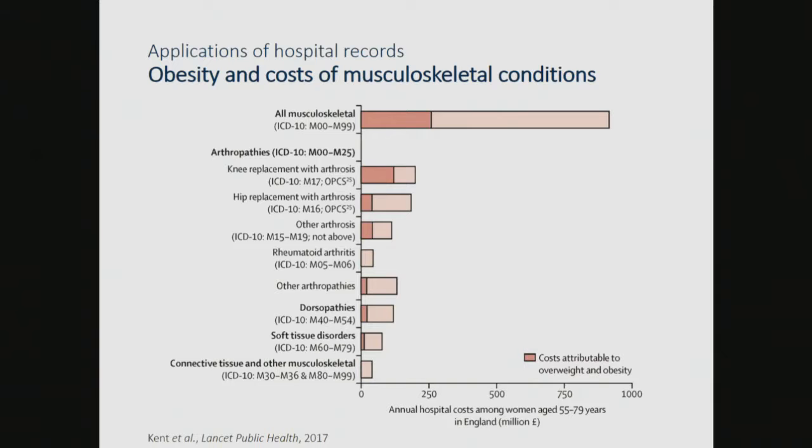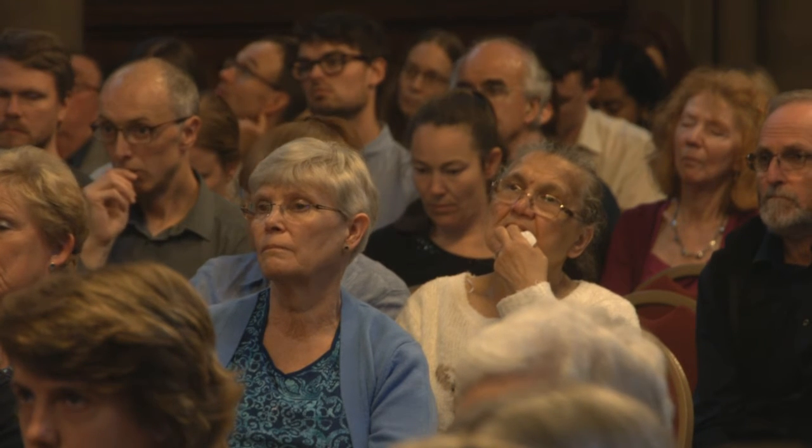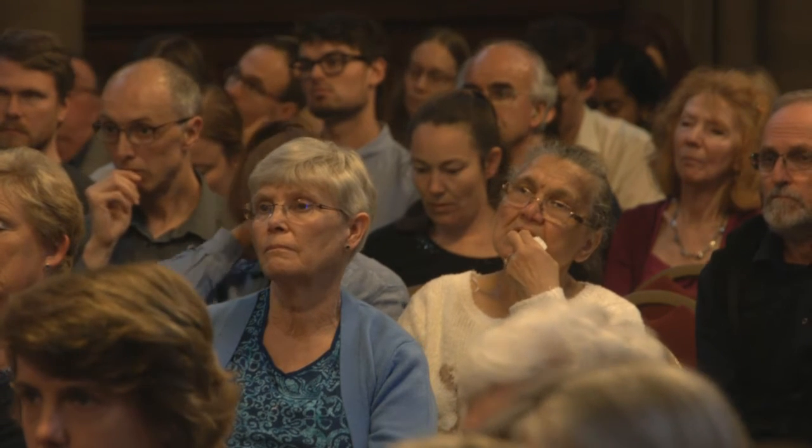This is work of a doctoral student of mine, Seamus Kent, looking at the relationship between obesity and costs in different healthcare contexts, and this in particular is looking at costs, again in the Million Women Study, of musculoskeletal conditions.